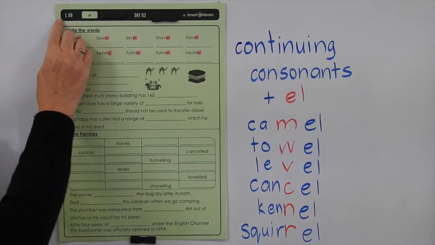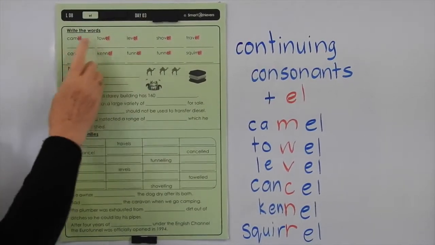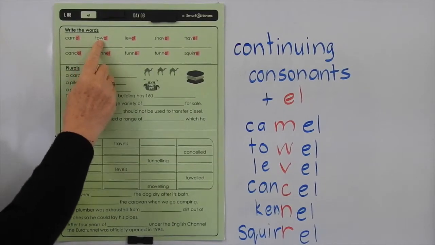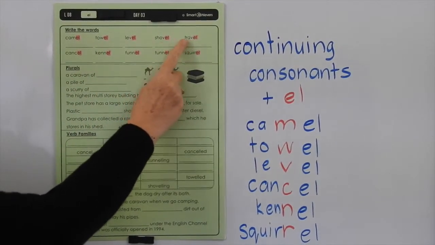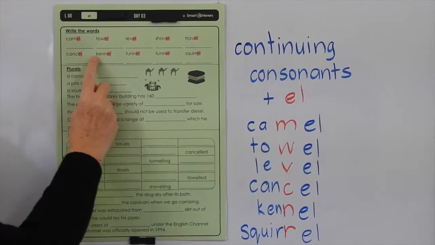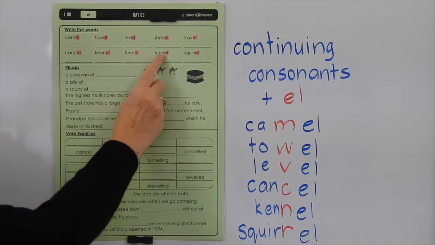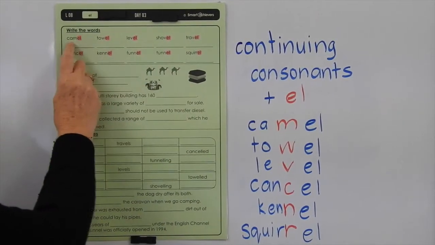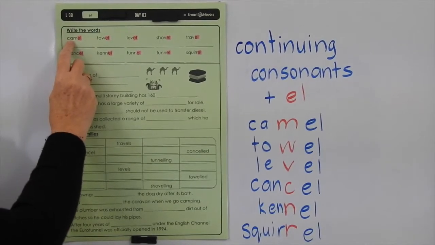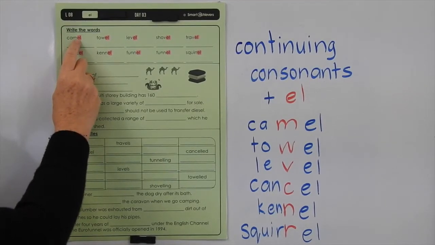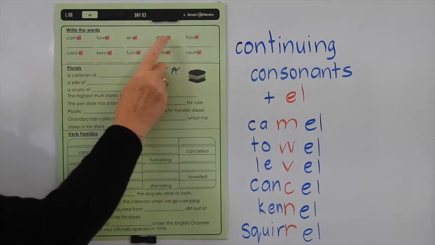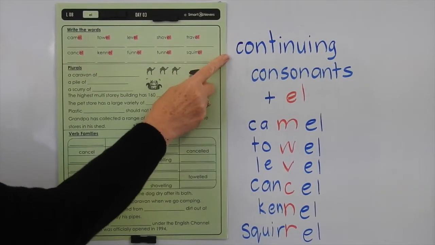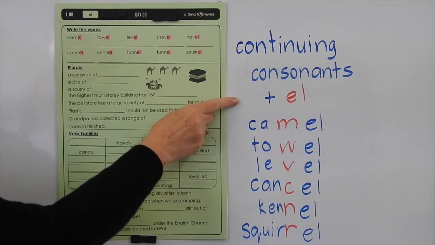This is level L list 8 and we're doing the day 3 and our words are camel, towel, level, shovel, travel, cancel, kennel, funnel, tunnel, squirrel. So you can see in all of these words we have the EL. So if you have a continuing consonant before an ul, you add EL.